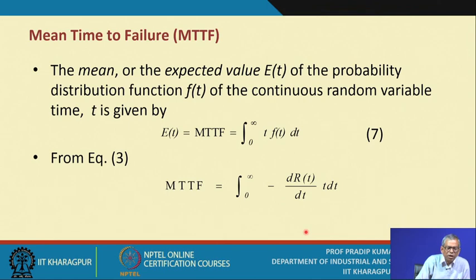Now how to compute the mean time to failure? The mean or the expected value E(t) of the probability distribution function f(t) of the continuous random variable time is the MTTF, that is the integral from 0 to infinity of t f(t) dt, the average value. From these equations we get the integral from 0 to infinity of minus d/dt of R(t) times t dt, so f(t) is replaced with this notation.